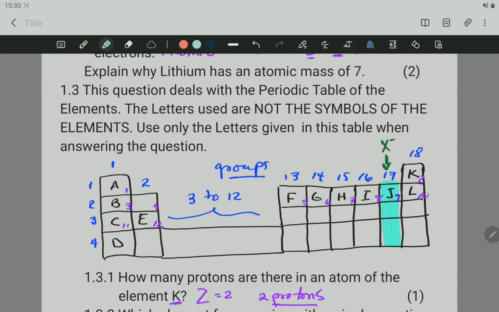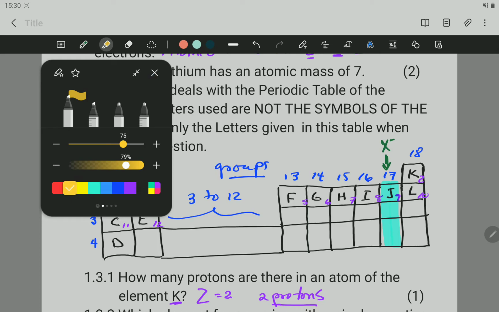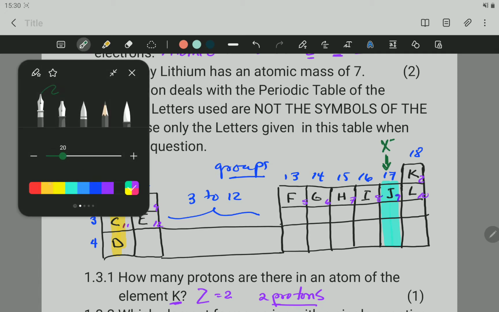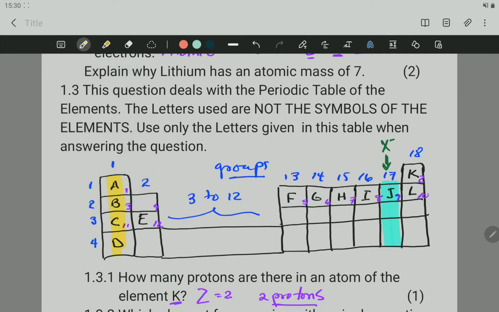All the ones here in group 1 will form ions of X plus. So all of them will lose 1 electron.